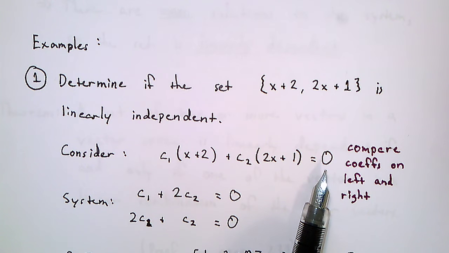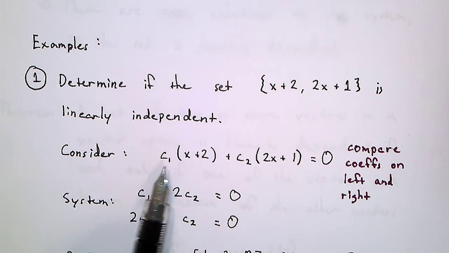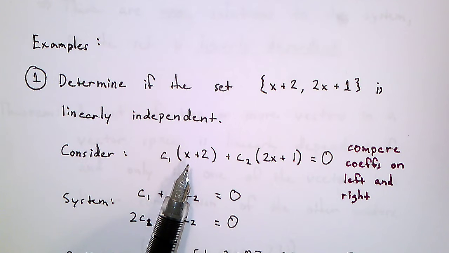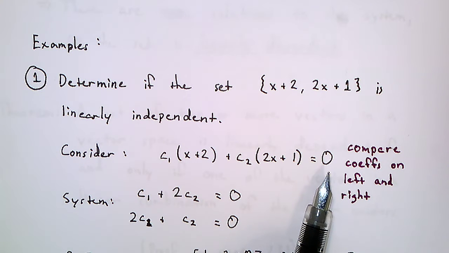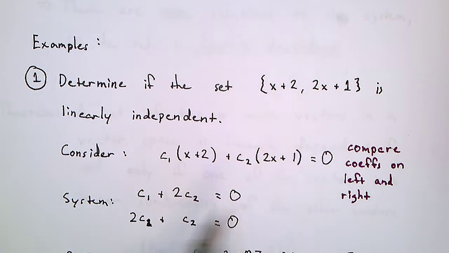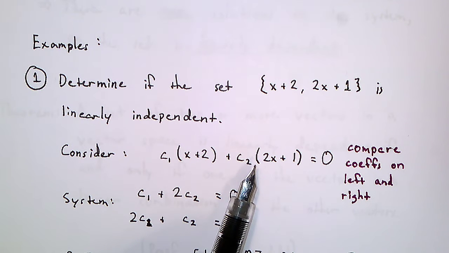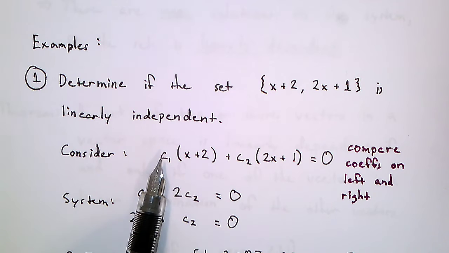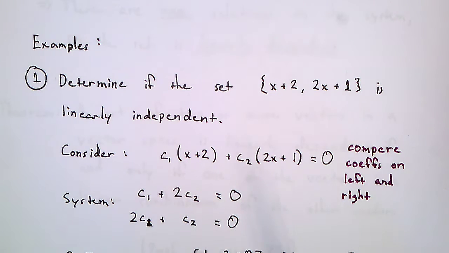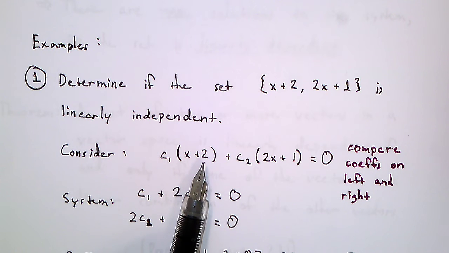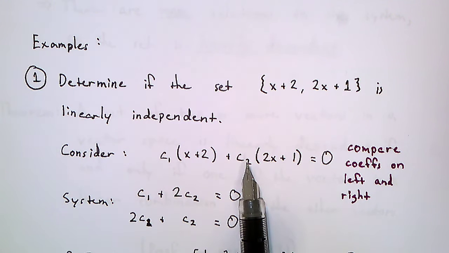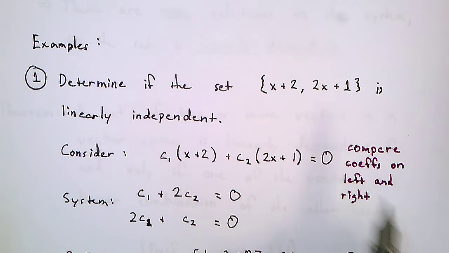So the coefficient on x has to match the coefficient of x over here. That's so 0 has to match 1 times c1 plus 2 times c2. And then the constant coefficient, the 2 times c1 and a 1 times c2, also has to be 0.